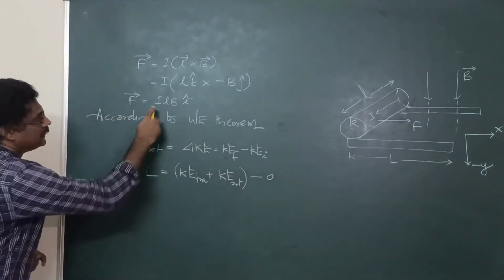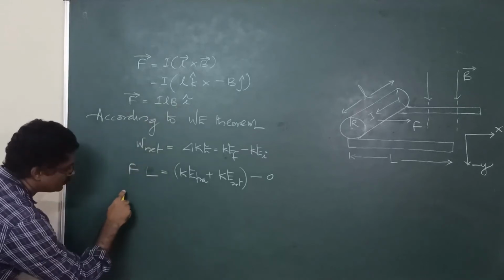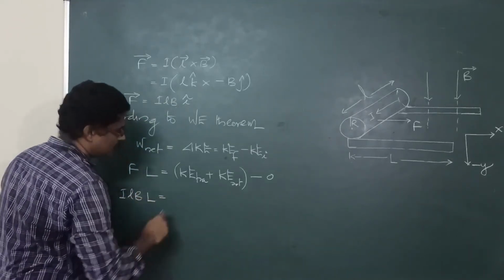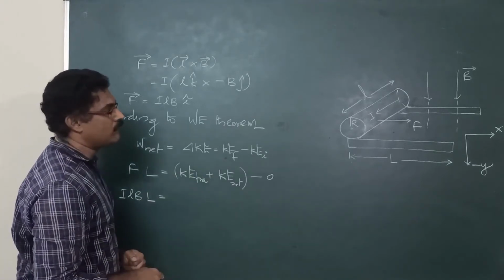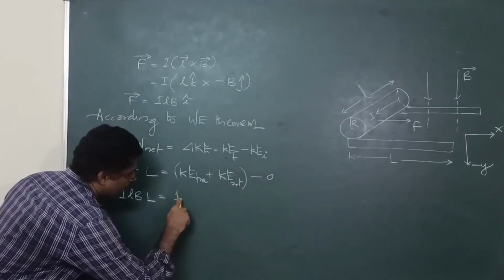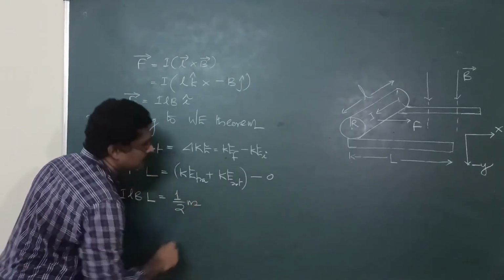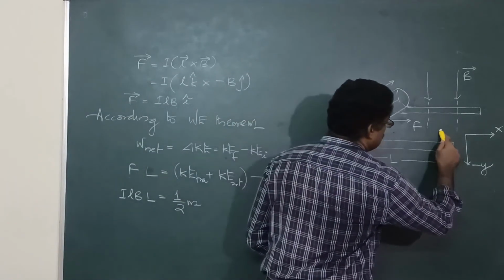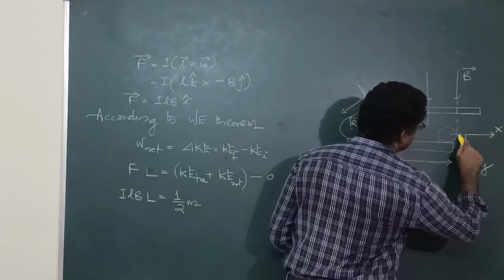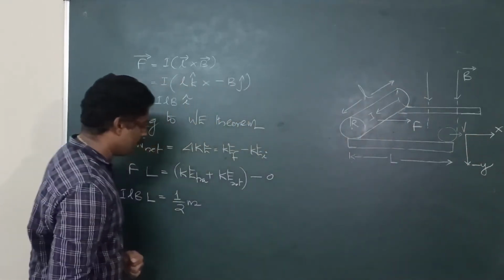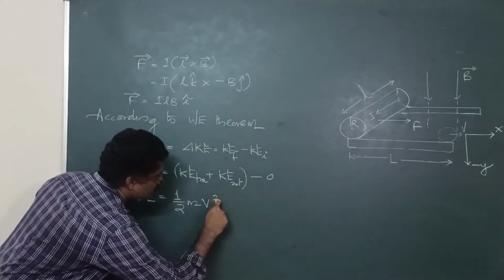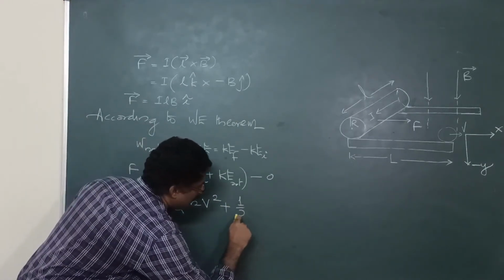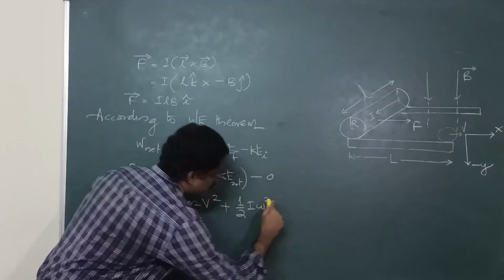The force acting here is ILB, we need only the magnitude, so ILB into L is equal to the kinetic energy of translation, half mv square, where m is the mass of the rod and v is the final velocity when it reaches here. Plus rotational kinetic energy, given by half I omega square.